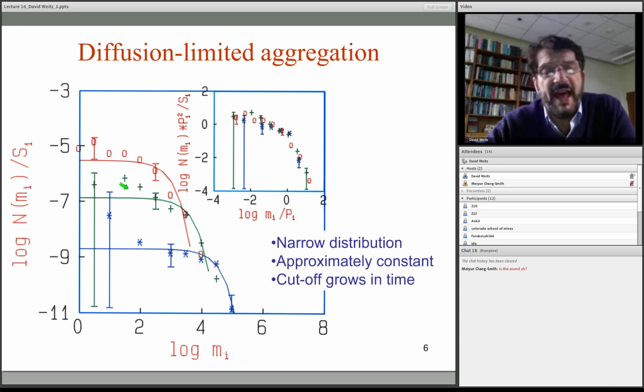It's actually flat with an exponential cutoff. And indeed, you can take all of these distributions and scale them together and plot one common distribution. The cutoff value changes with time, but the shape of the distribution remains the same. It's essentially flat at low masses with some exponential cutoff.